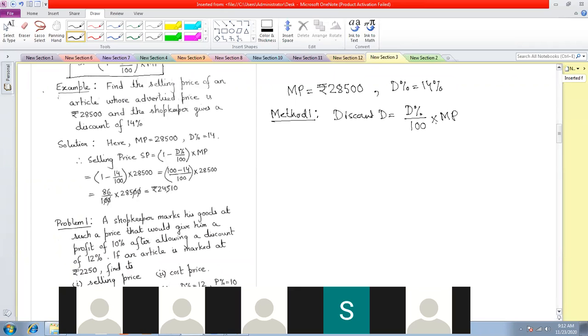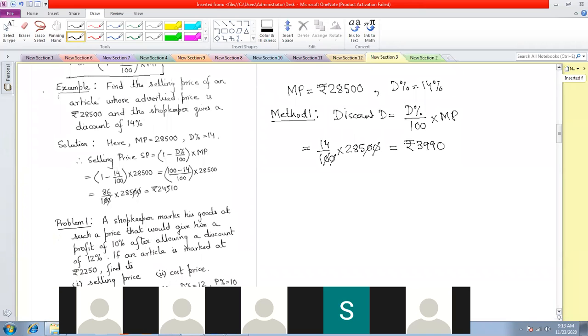So from percentage discount, you calculate the discount here: 14 by 100 into 28,500. So 3,990 is the discount that is being given.